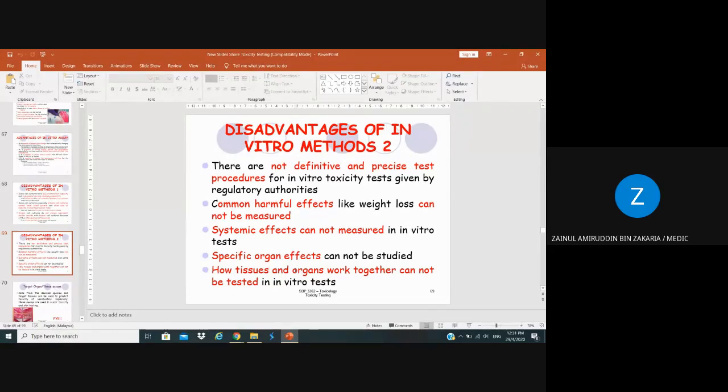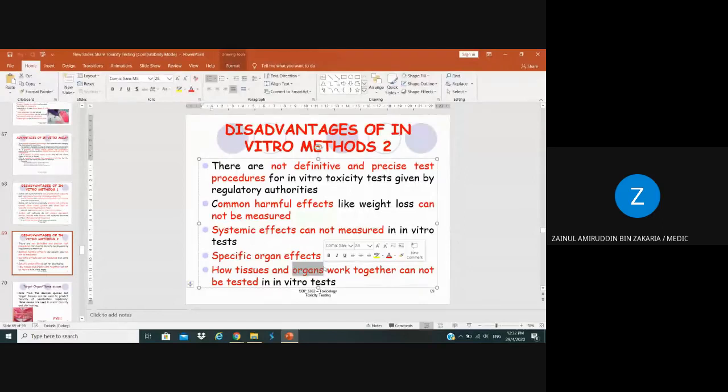For example, if you learn about Parkinson's, L-dopa, the drug, can be turned into an effective metabolite and produce a good anti-Parkinson effect on the patient due to the action of the organs.